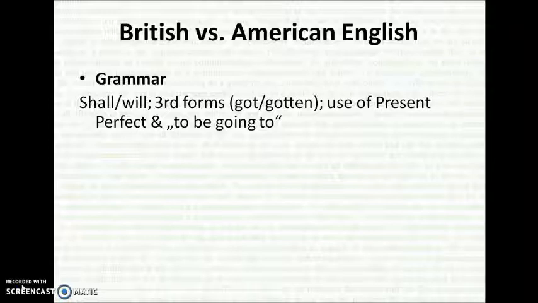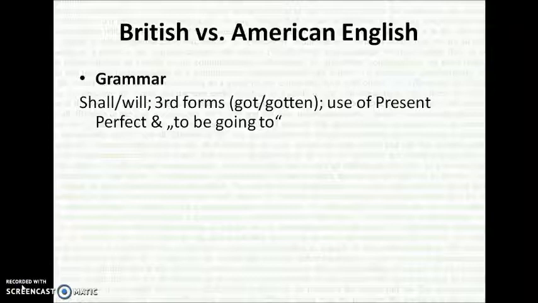Another very common difference is in the expression of actions in recent past that still affect present time. In Britain, present perfect is mostly used. In American English, Americans mostly use simple past. For example, a Brit would say, "I've just arrived," while an American would probably say, "I just arrived."